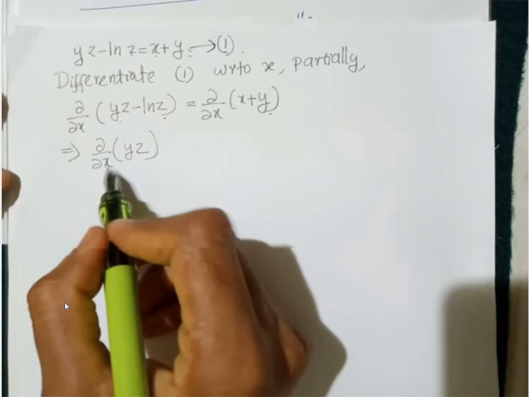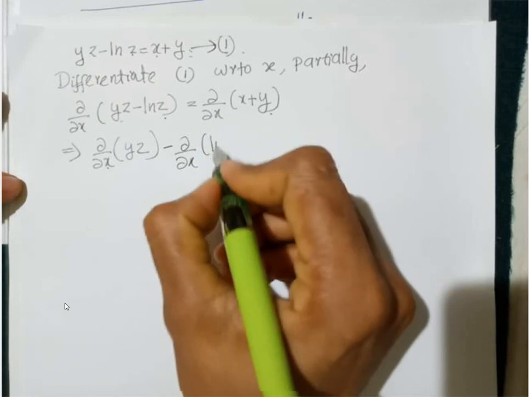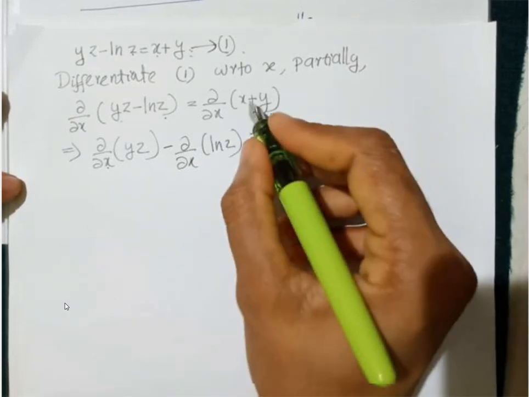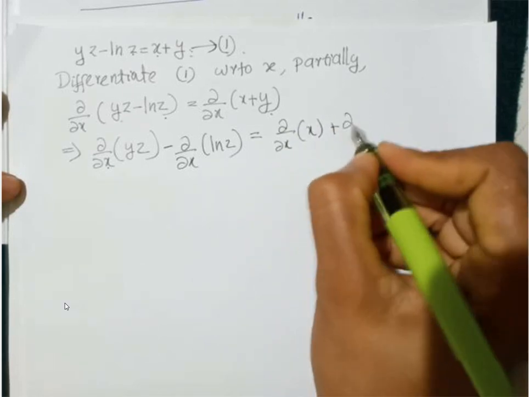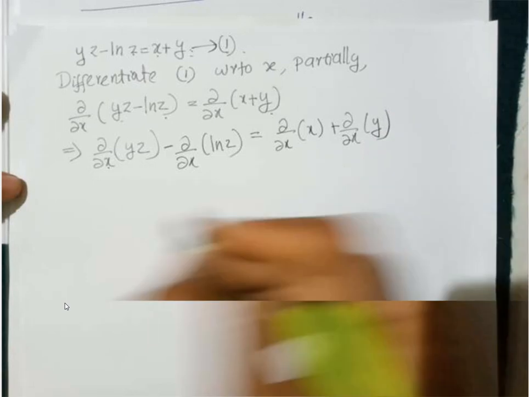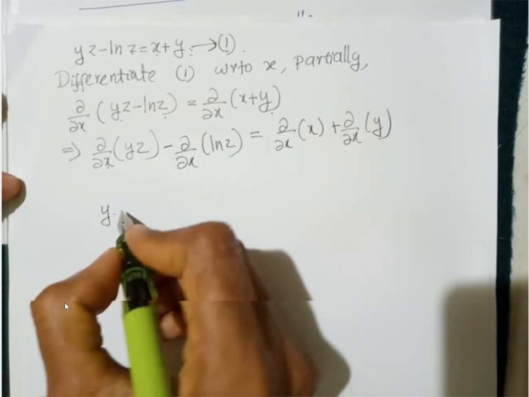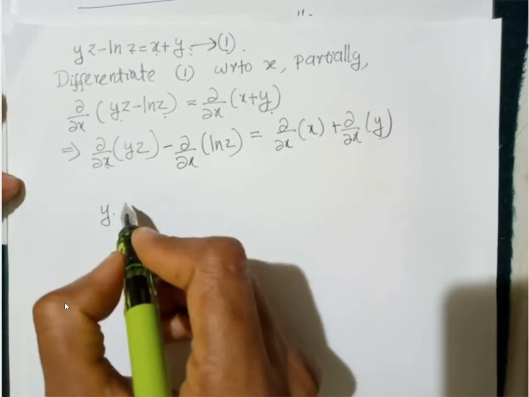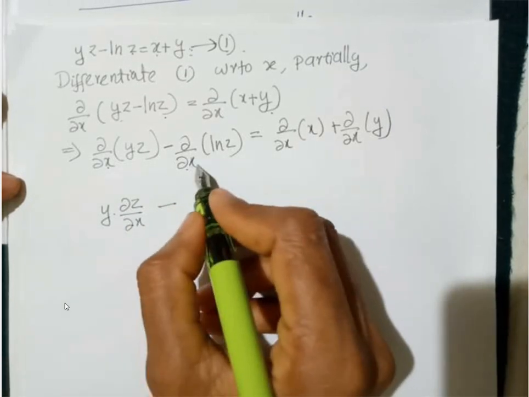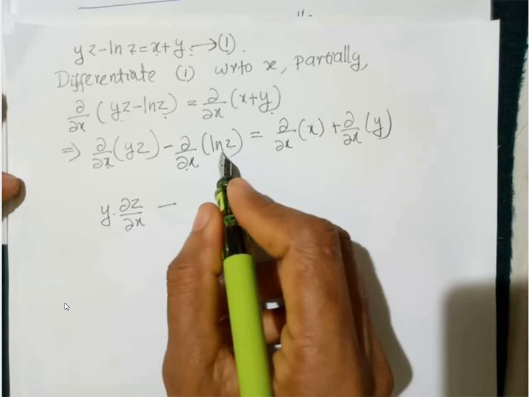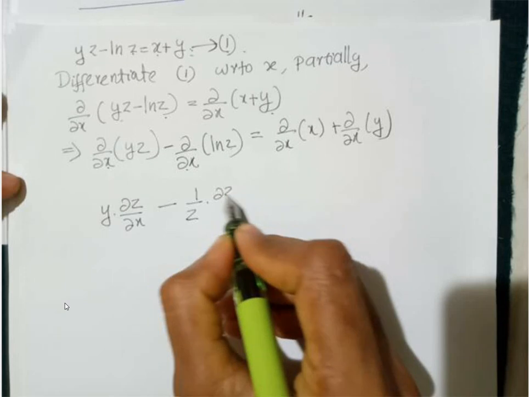In ∂/∂x of yz, y is a constant, so the derivative is y times ∂z/∂x. Minus ∂/∂x of log z, this is a chain rule: the derivative of log z is 1/z, times the derivative of z with respect to x.